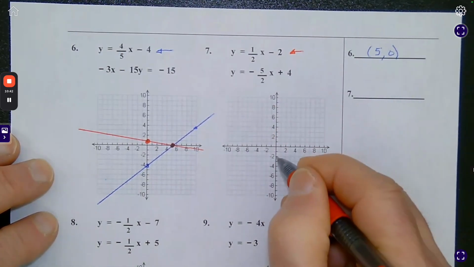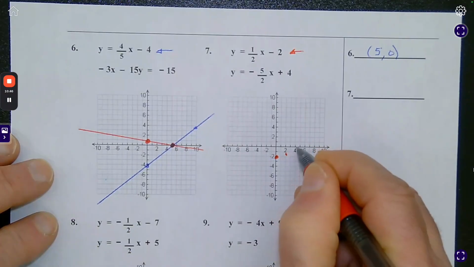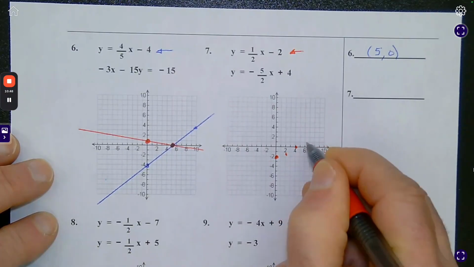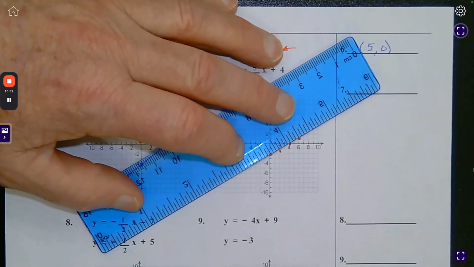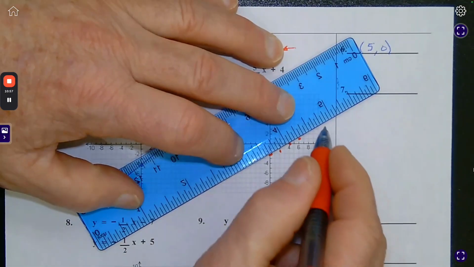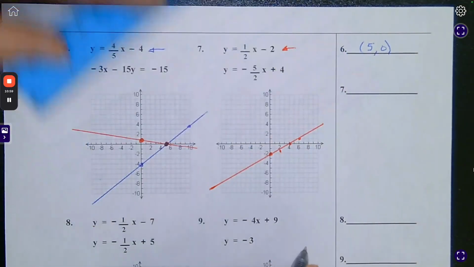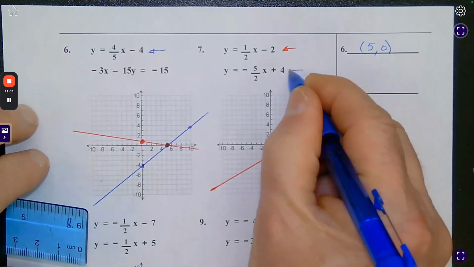Both of these are in slope-intercept form. So I'm going to plot my y-intercept of negative 2, up 1, over 2, up 1, over 2, up 1, over 2. Draw that line, please. Be accurate now. Now I'm going to graph this line.